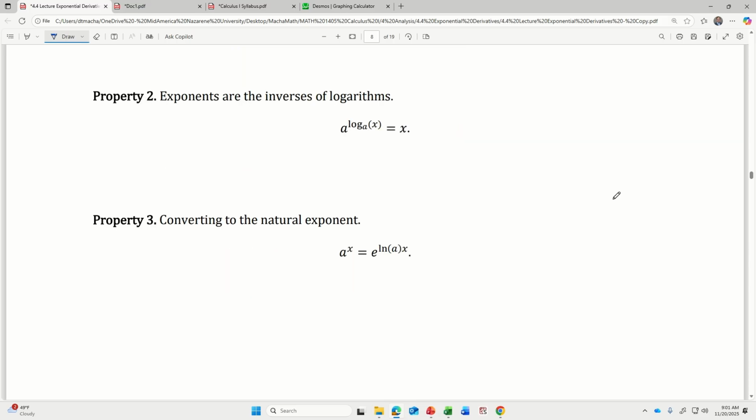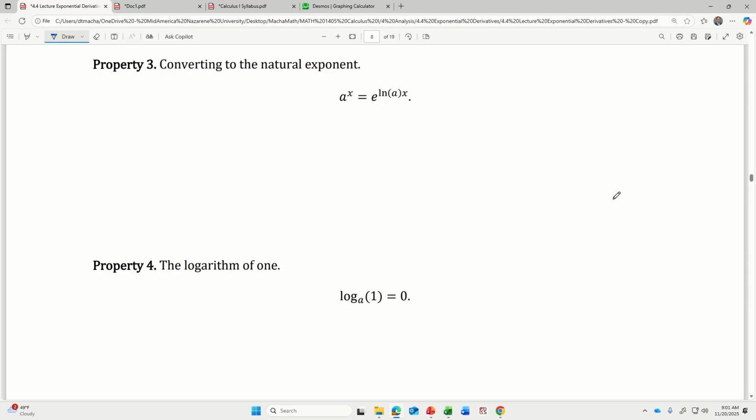Property number 3 says, what if I want to convert an exponential function to an exponential with base e? Sometimes we call this the natural exponent because it has Euler's number as a base. The way you should think about this is, remember that a is equal to e to the power natural log of a.